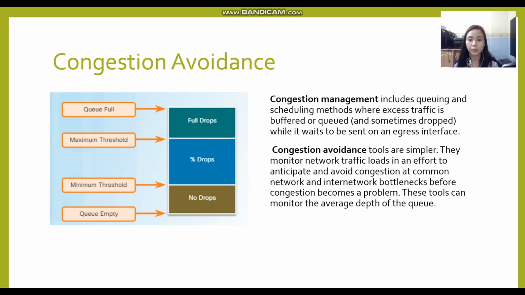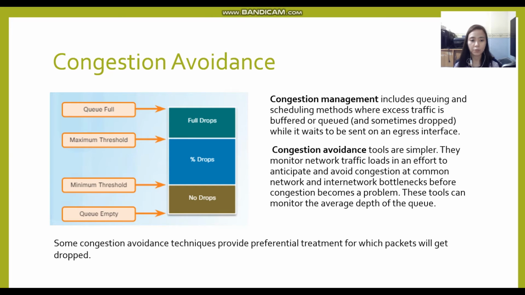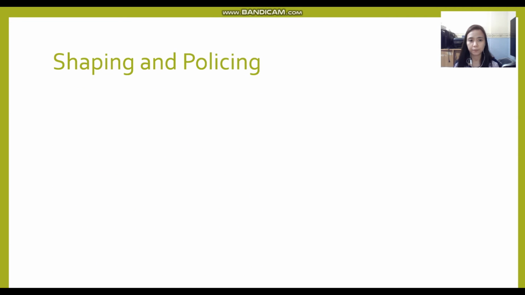They monitor network traffic loads in an effort to anticipate and avoid congestion at common network and internetwork bottlenecks before congestion becomes a problem. These tools can monitor the average depth of the queue. Some congestion avoidance techniques provide preferential treatment for which packets will get dropped.